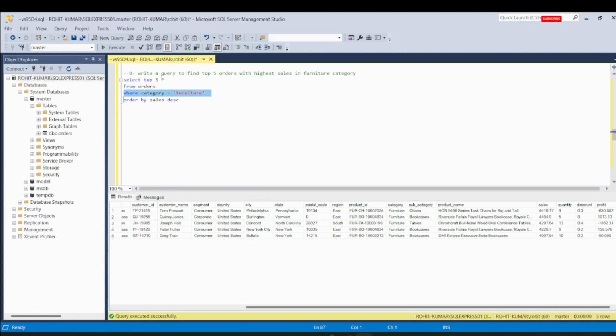So this is the order of execution: from, where, select, order by, then top 5.